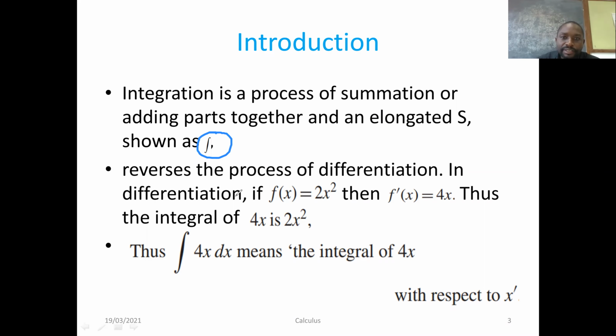In differentiation, if f of x is equal to 2x squared, then the derivative of this was 4x. But when we do the integral, it's basically taking the 4x back to 2x squared. And that is basically what we are doing in integration.